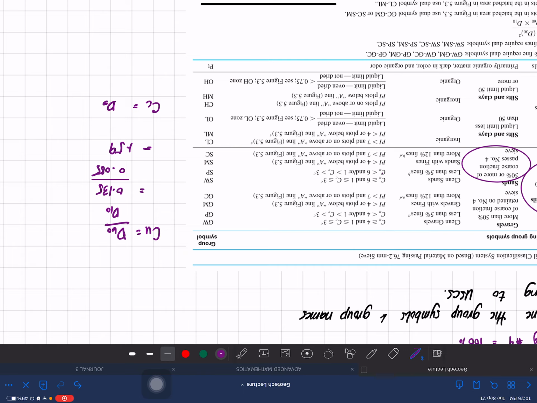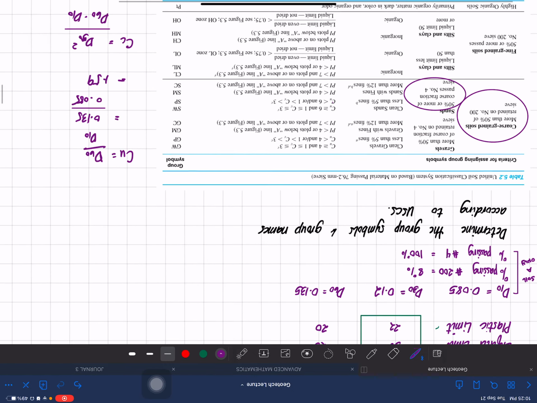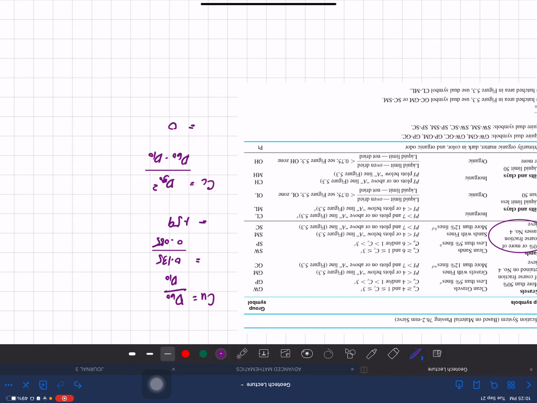So that's just equal to D30 squared all over D60 times D10. Okay, and what is our D30? That's 0.12. So 0.12 squared all over 0.135 multiplied by 0.085. Ayan. So this is now equal to 1.25. Okay.